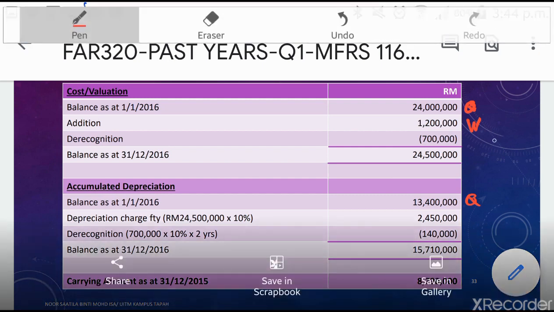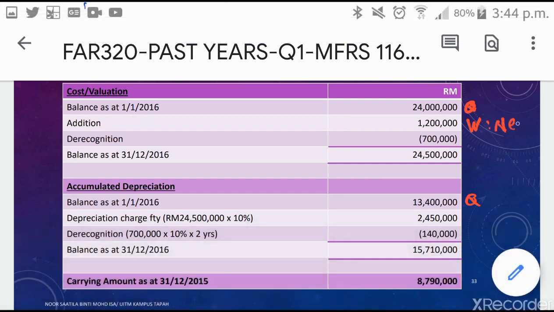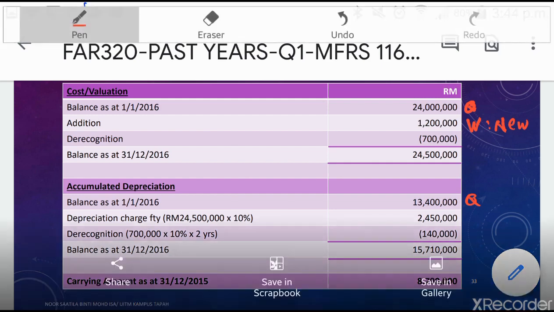Remember, I have already produced the working much earlier, and this is the one for the new item. Working, remember we do the working and the working for the new component. And that is being included there, right?